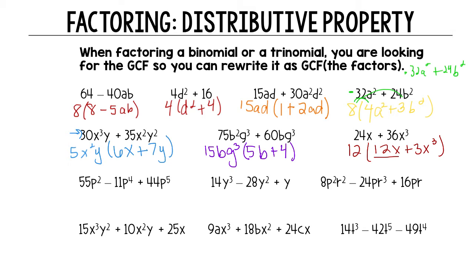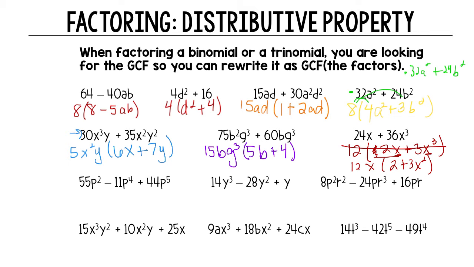This should not be 12x, it should be 2x. And I have an x here and an x cubed here. That means I could have taken an x out of my parentheses as well. So let's rewrite again. I've got 12, now I'm going to factor x out. I'm left with 2 plus 3x squared. Now when I multiply, those should be the same.